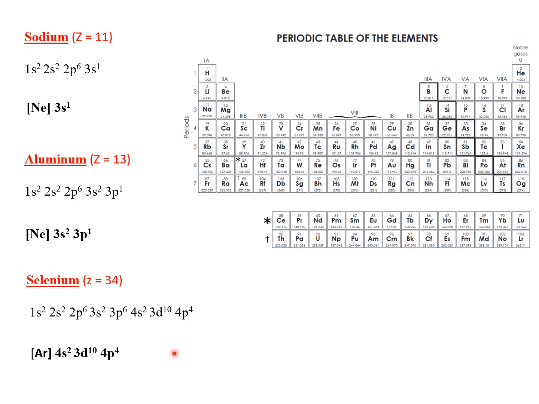Now let's see how we can read through the periodic table. Let's take the same element, selenium. We write hydrogen to argon, that is 18 electrons for selenium, adding argon in the square brackets. Now how can we identify the remaining configuration? Selenium is here, the 34th element. Now we need to write potassium to selenium. This is the distance we need to cover for selenium, the remaining configuration.